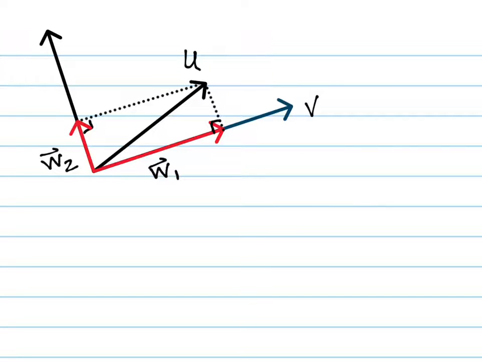So let me write out the formal definition for what's being drawn here. Each of these W1, W2s have names. So we're going to let U and V be non-zero vectors.